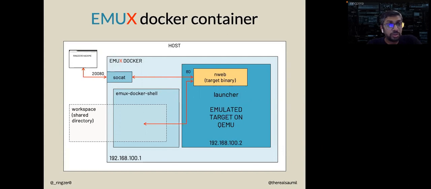When you open a browser on your desktop and you connect to localhost port 20,080, this port automatically gets forwarded to the internal web server, and you'll be able to communicate with it just as if you're on that same system. This is a bit of the layout. We're going to explore this when we start up the Docker environment in just a little bit.